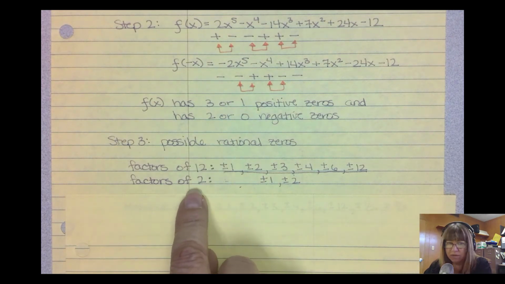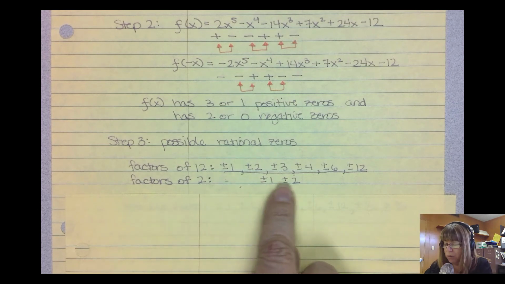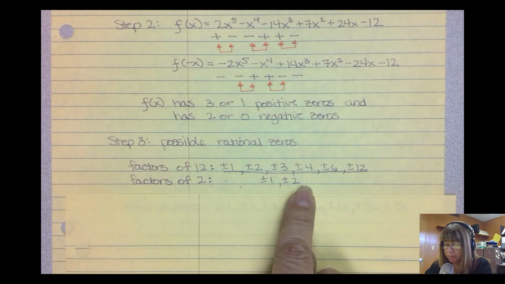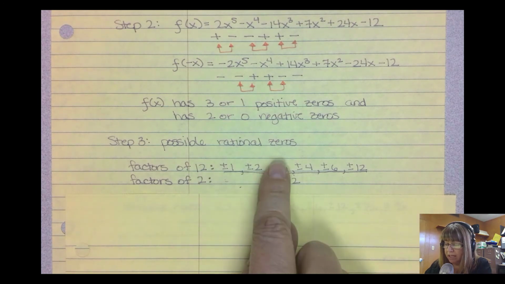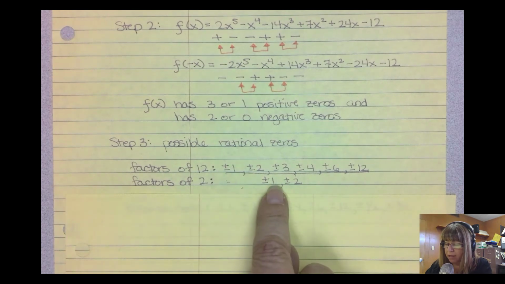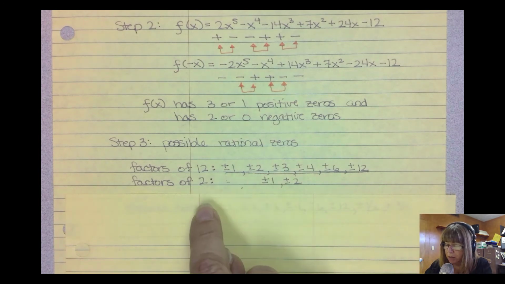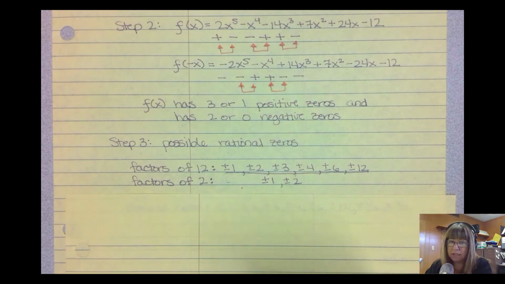The factors of 2 are 1 and 2, both the positive and the negative, but we're really only going to be concerned with the positives down in the denominator. So when we group each of these up, make every single combination, we get 1 over 1, 2 over 1, 3 over 1, 4 over 1, 6 over 1, 12 over 1, and that's plus and minus, by the way. So that's just going to be plus minus 1, plus minus 2, plus minus 3, plus minus 4, plus minus 6, plus minus 12.